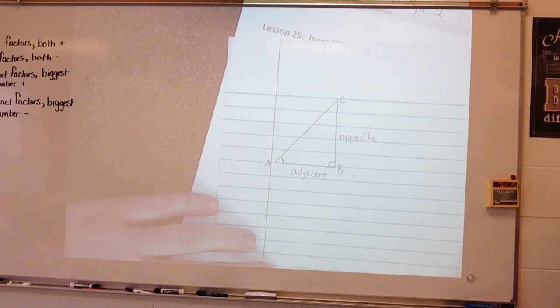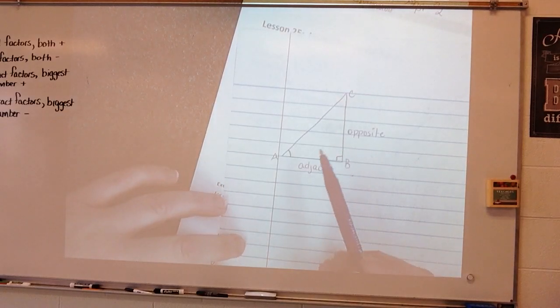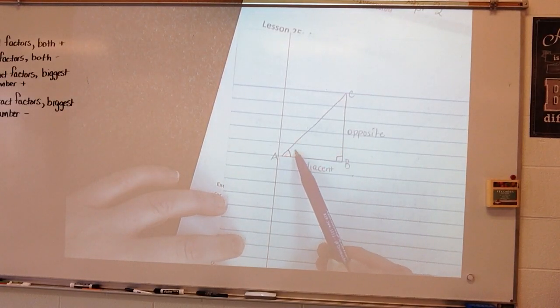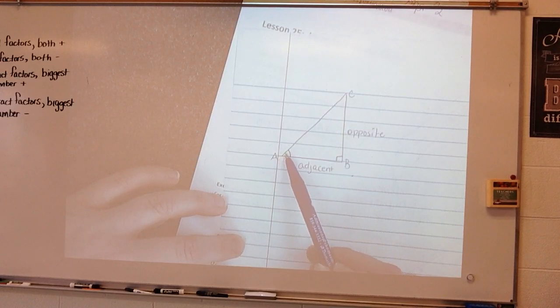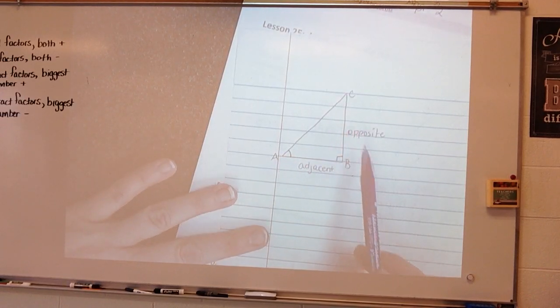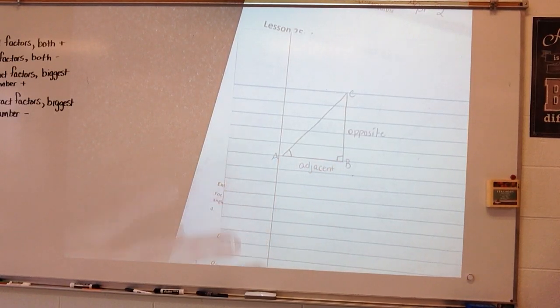The way that you can remember this: the side opposite is the one that is straight across from the angle that you're looking at. So I'm looking at angle A, so the side straight across from angle A is side BC. The side adjacent to the angle is the side that kind of shares that angle. So angle A has the adjacent side AB.